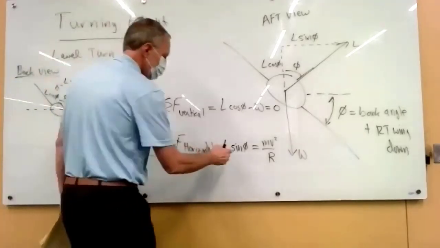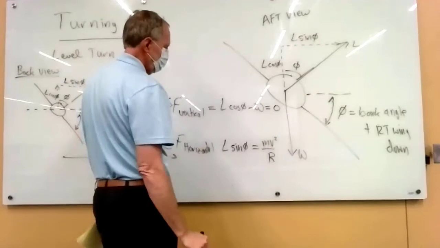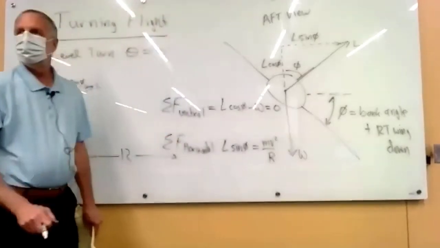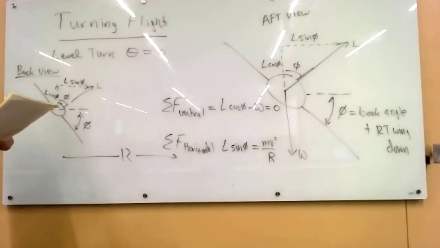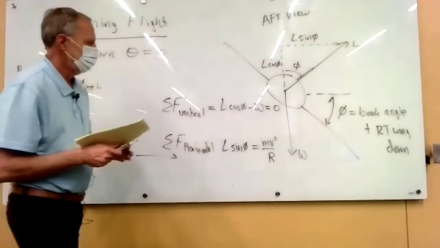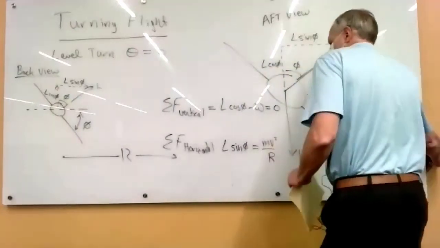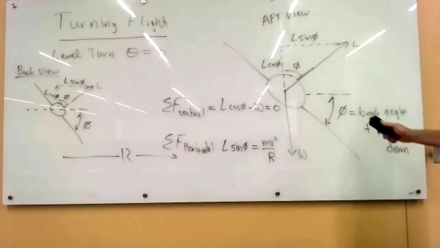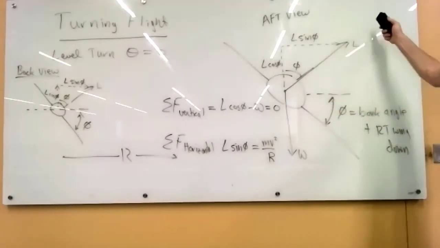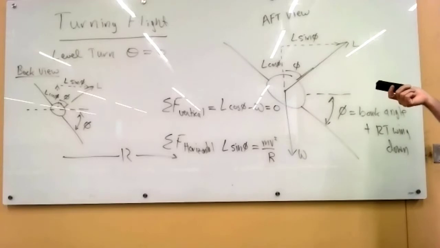So this provides the centrally acting force, and this just keeps the weight up. So everybody up to speed on the free body diagram? Here's the lift. It's perpendicular to the wings. Wings are providing it. That's what causes our turning flight.